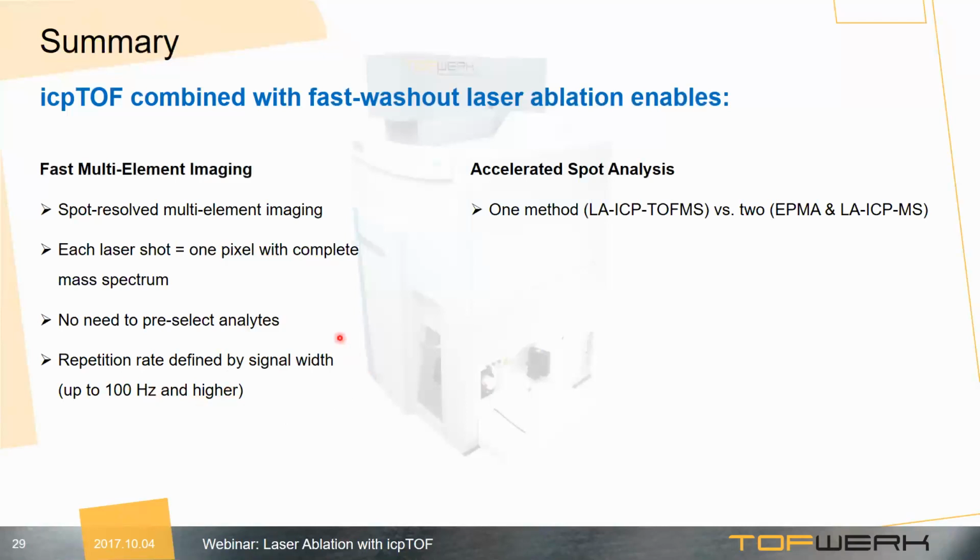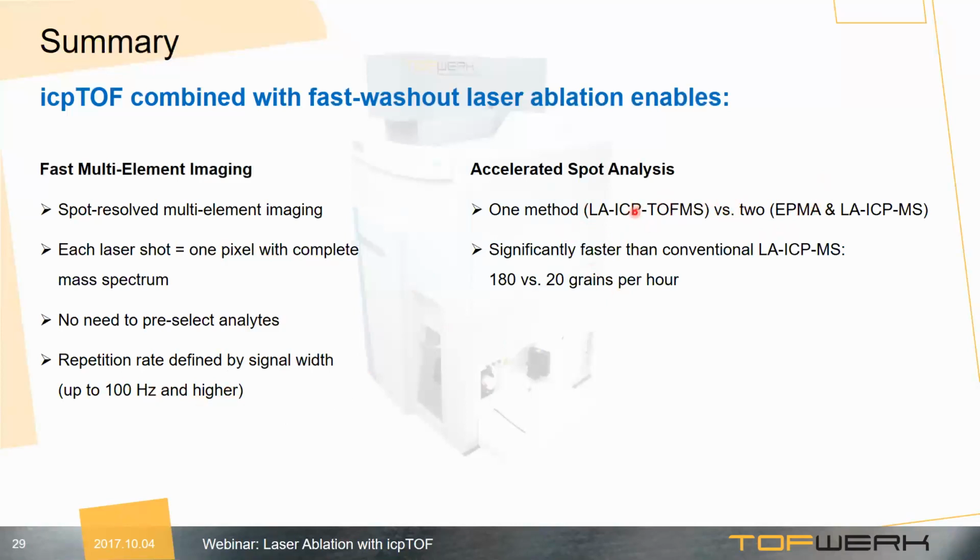Then the accelerated spot analyses. In this one example that I showed you on the mantle garnets, we can basically conclude that we only need one method to characterize the full spectrum of elements of interest. So we don't even need the electron microprobe. And this then saves you a lot of time.